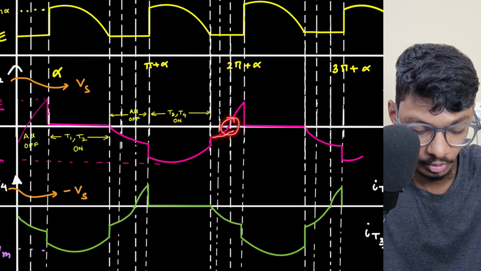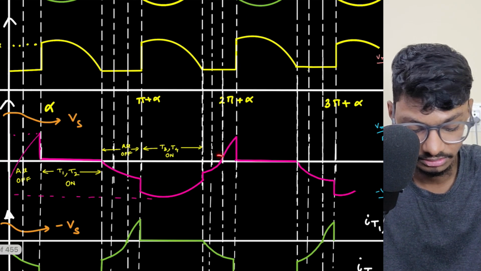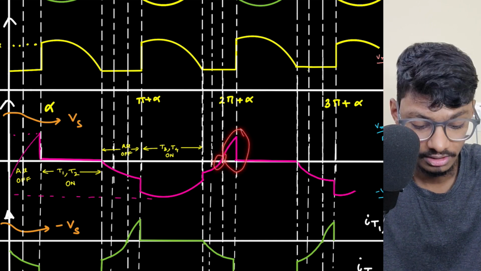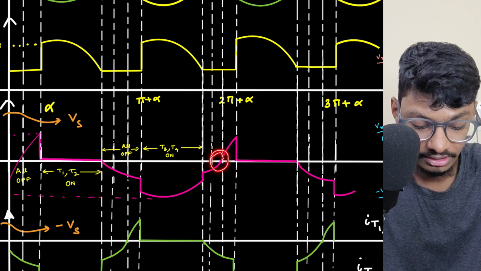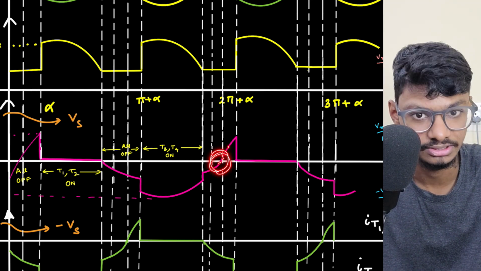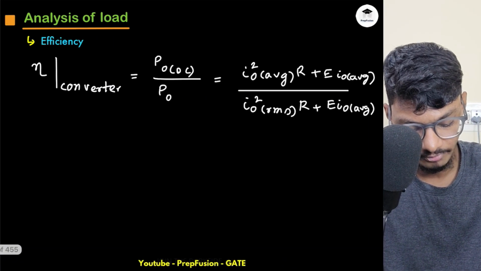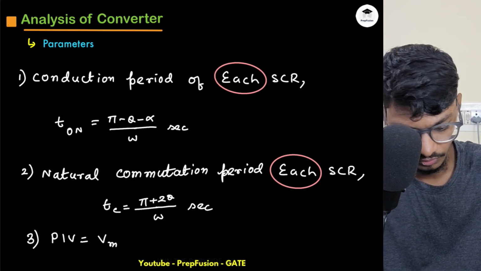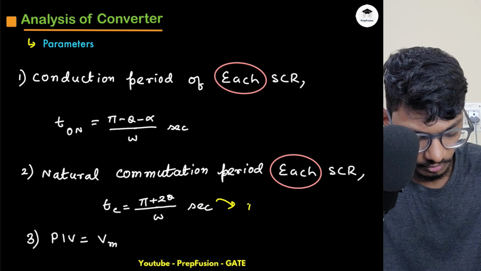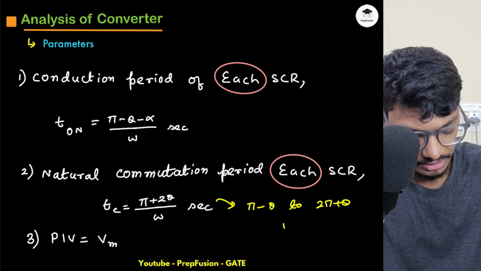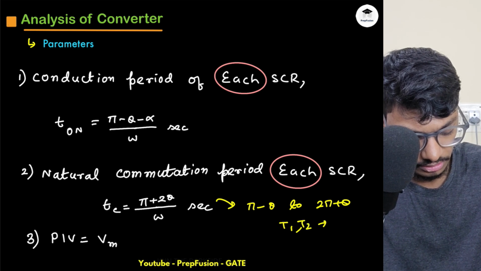What is this point? This is 2 pi plus theta, and this is 2 pi plus alpha. This is the point where the voltage changes from negative to positive. So I am going from pi minus theta to 2 pi plus theta, and my T1 and T2 are in reverse blocking mode.